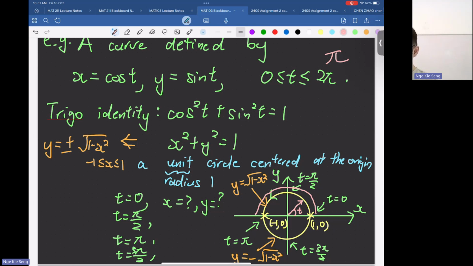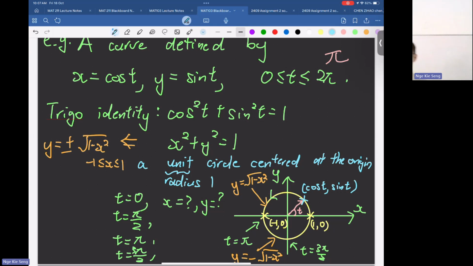I think I need to remove some extra labels here. This parametric equation tells you what? If you fix a t, that point on the circle of radius 1 is exactly (cos t, sin t).